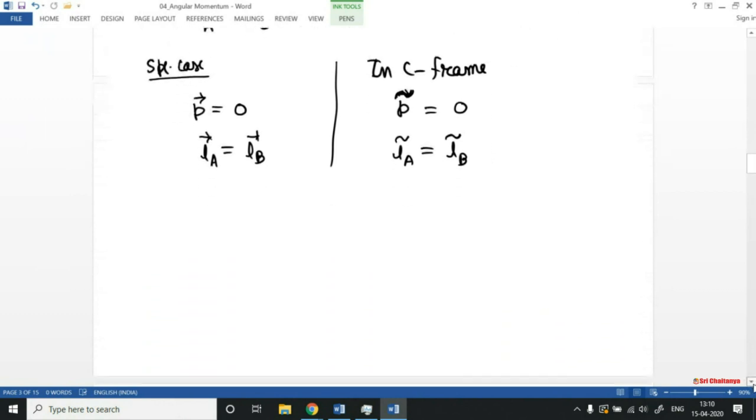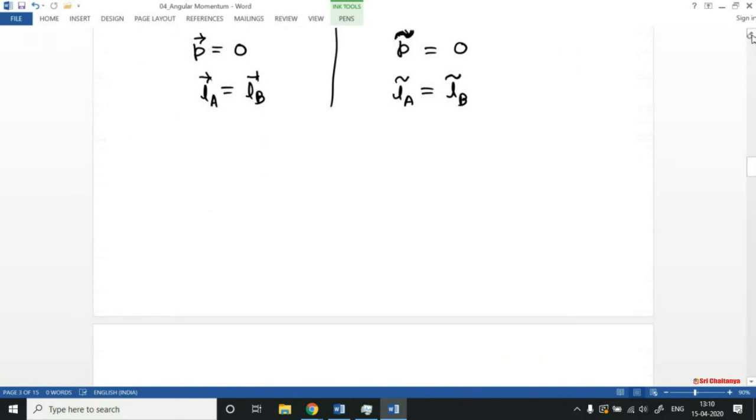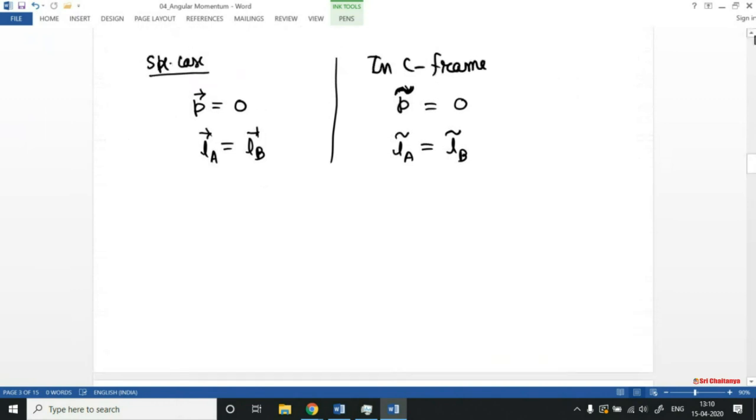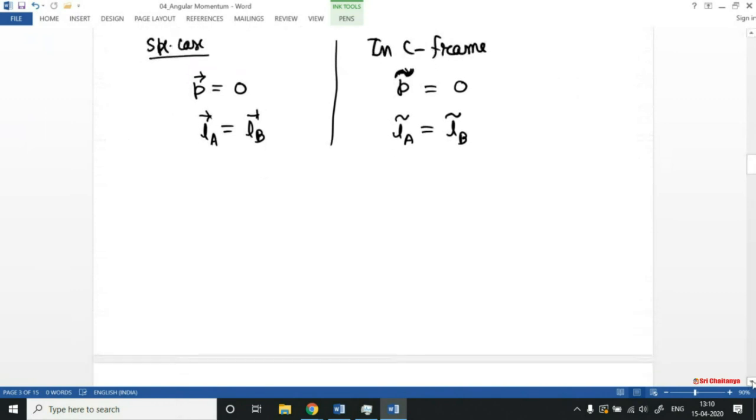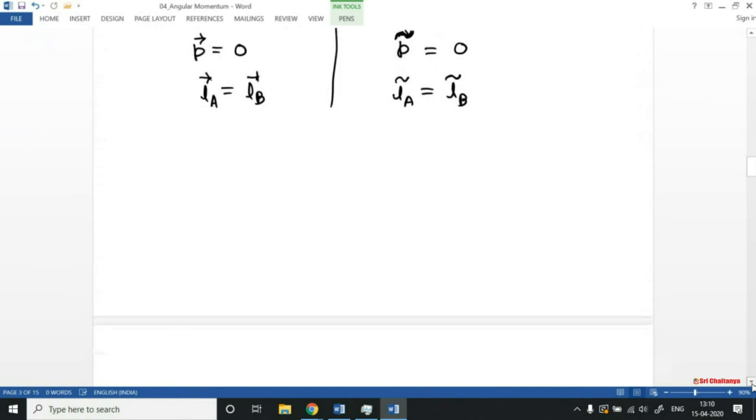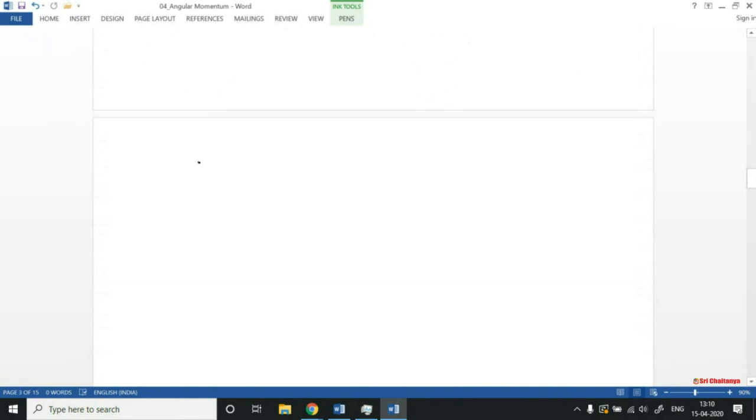Another important result I want to share with you, since we have looked into the C frame. So if we know the angular momentum of a system of particles in C frame, will we be able to tell the angular momentum of the system in some other frame also? So basically, we are looking at this relationship and we will justify that also.